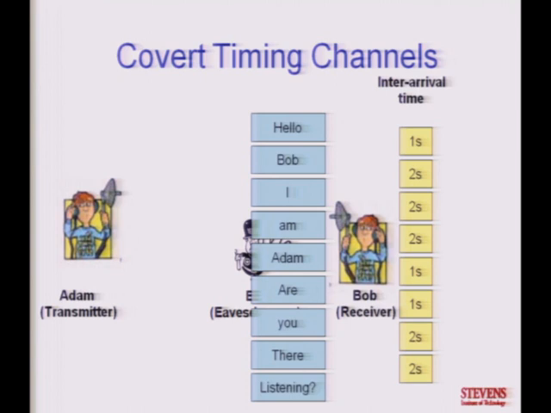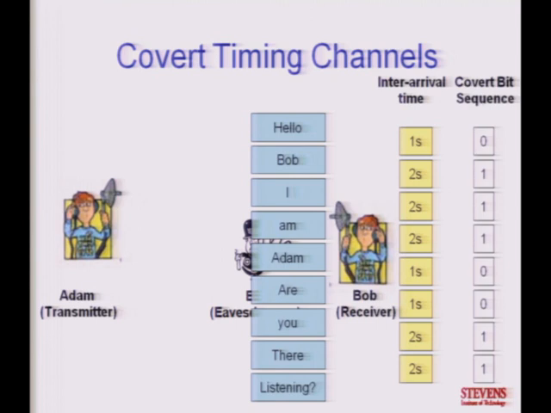But essentially what I'm saying is between hello and Bob, the interpacket delay was like 1 second. But between Bob and I, it was 2 seconds. Right? So this pattern of 1 second, 2 seconds could mean a bit pattern like this. So apart from this message, hello Bob, I am Adam, are you listening?